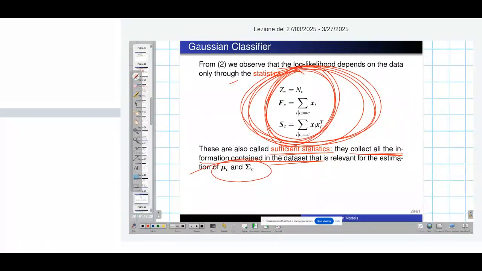My likelihood function depends on the dataset through the statistics, so the statistics collect all the information that my model can gather from the dataset. And in this case, the statistics are these quantities. Whatever the samples are, if I have two datasets with the same sufficient statistics, they will lead me to the same inference model.